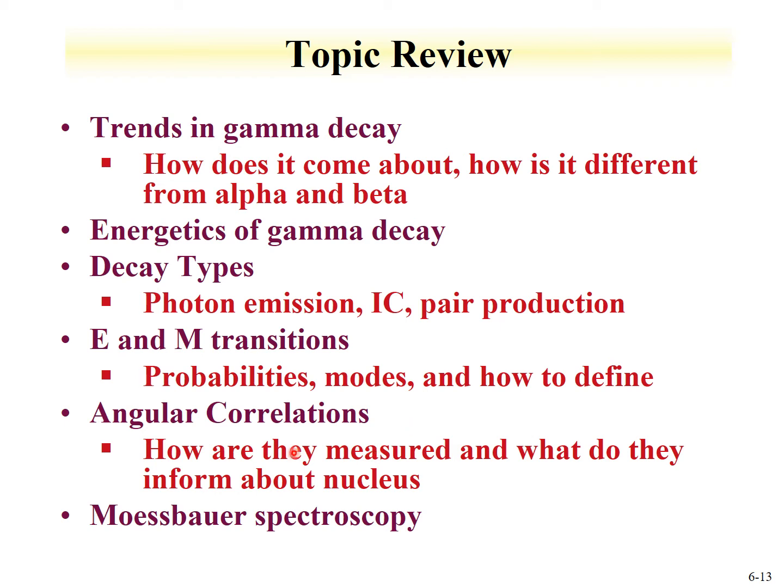And finally, we discussed Moessbauer spectroscopy, a concept and spectroscopic tool that was awarded the Nobel Prize when it was by Moessbauer, who was at Technical University of Munich. And you should understand how Moessbauer spectroscopy is used, and fundamentally how Moessbauer spectroscopy is similar to UV visible spectroscopy, except you're talking about nuclear states, not electronic states.